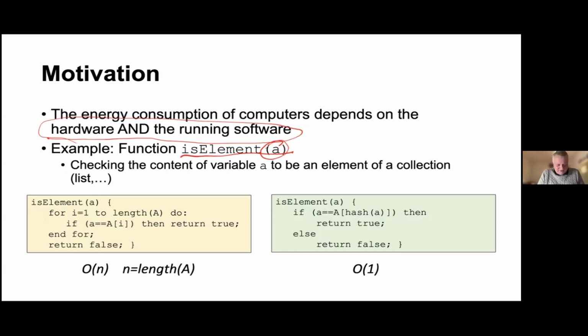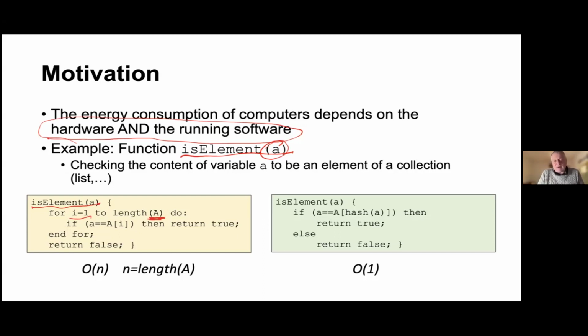Usually, newbies in programming have to deal with it. There are many ways of implementing that. The simplest way is, assuming that we have the collection, which is capitalized A in this simple program, we go from 1 to the length of A, or from 0 to the length minus 1 of A, and check each element.